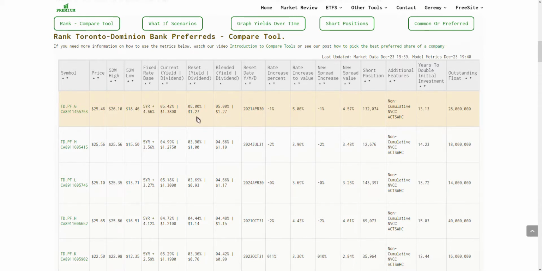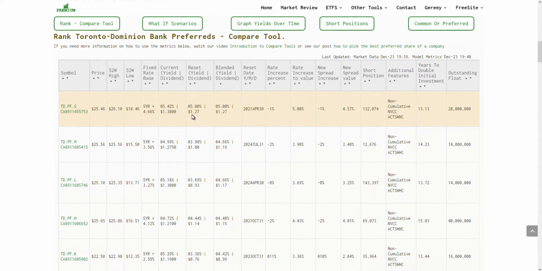In terms of the yield, you are getting 5.42% until April 2021, and then for the next 5 years, you will be getting 5%. Of course, this is based on today's 5-year GOC rate. So the best blended yield you can expect at this point from the preferred is 5% if you pick TD PFG based on today's rates.